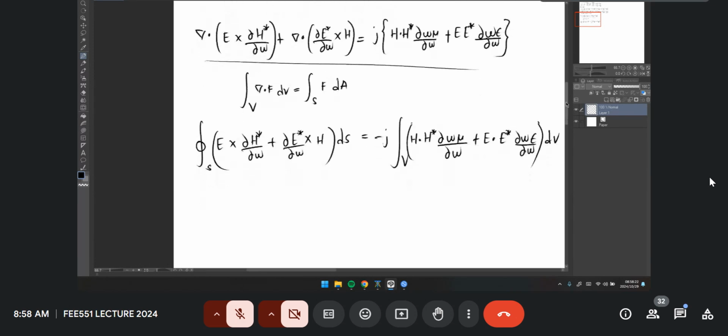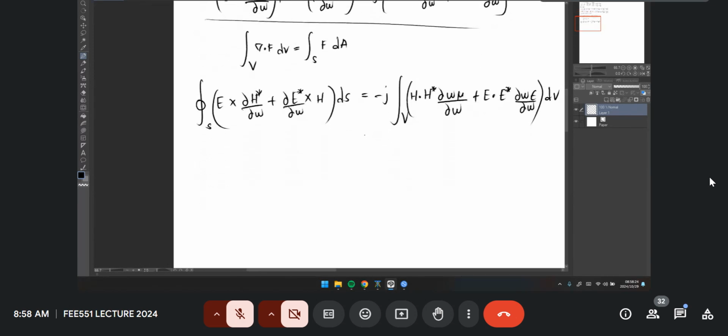Okay, from here we can notice there are two things that we were taught last year. We have the energy representing the magnetic field and the energy representing the electric field. The energy representing the magnetic field, we can define it as Wm.